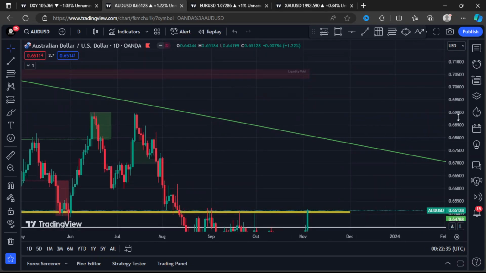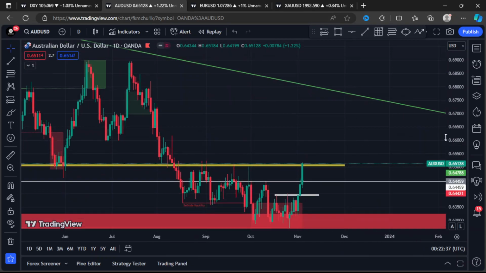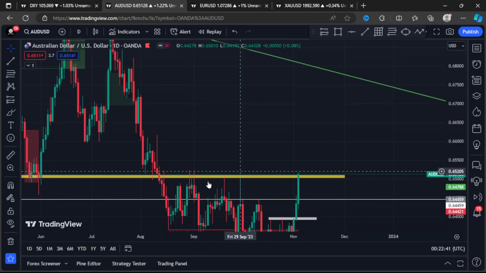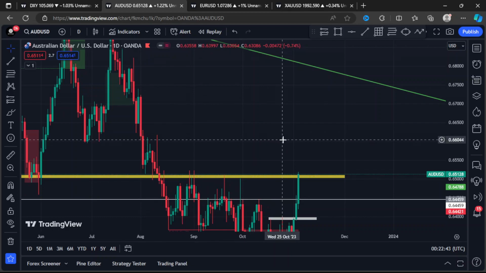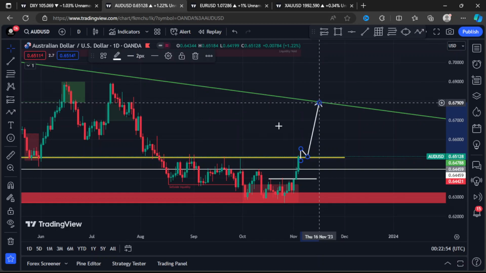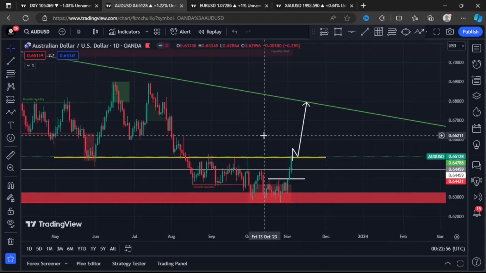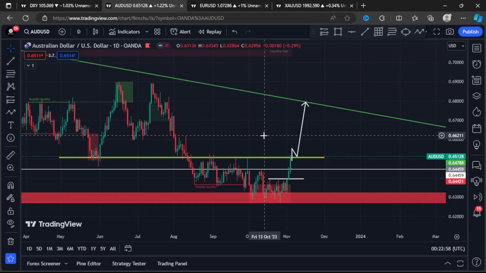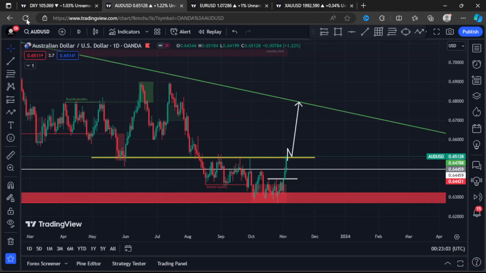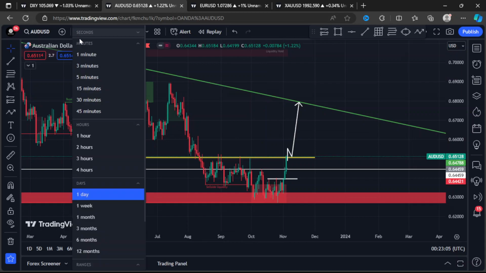So on the daily time frame, you can clearly see it has closed above this weekly resistance, and then we are going to also look up to hit the resistance zone that is on the chart pattern.